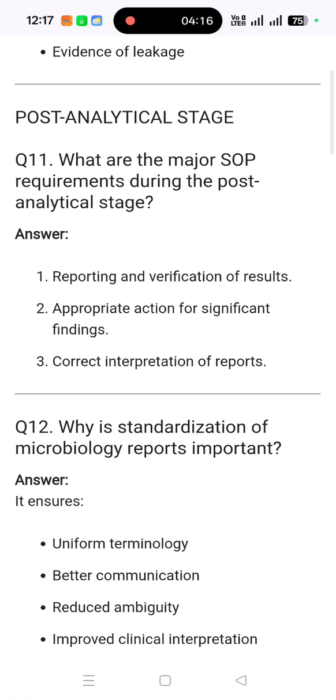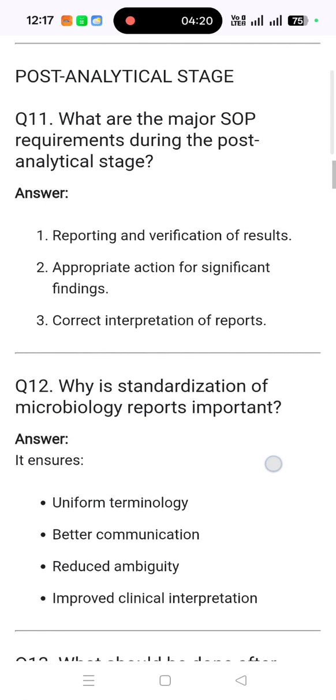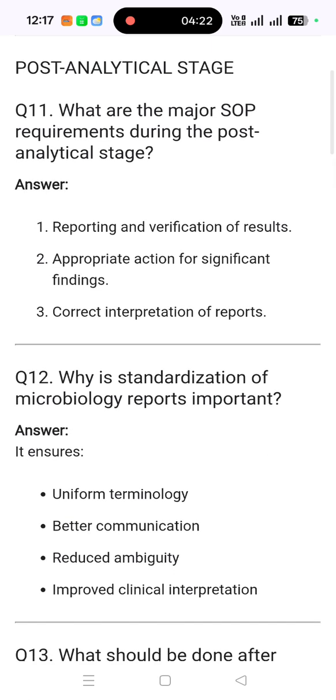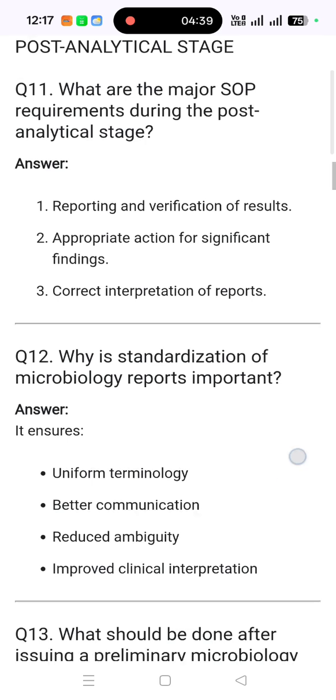Post analytical stage. What are the major SOP requirements during the post analytical stage? Reporting and verification of result is important, because the major SOP, standard operating procedure, requirement for post analytical means once the processing has been done in the lab, you should report and verify the results.